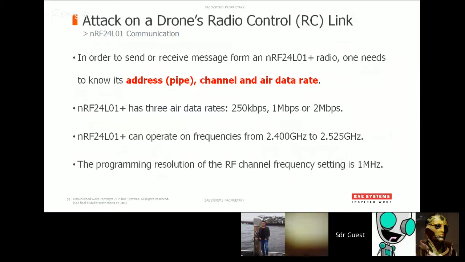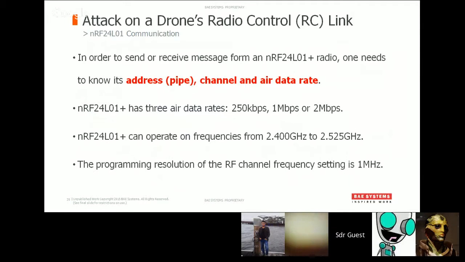And the NRF24 radio operates between 2.4 gigahertz and 2.5 gigahertz. So the bandwidth is 0.125 gigahertz. And if we look at the documents of NRF24 radio, we find the programming resolution of this radio transceiver is 1 megahertz.